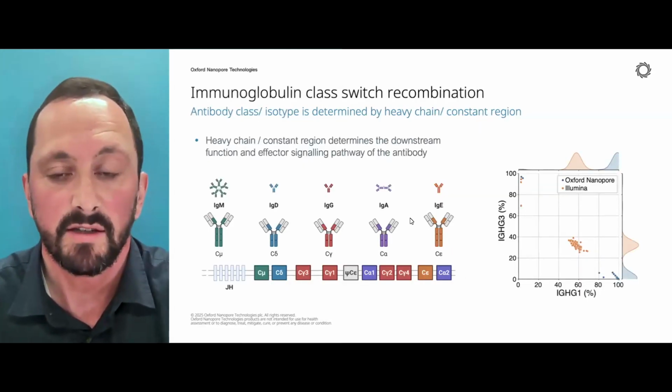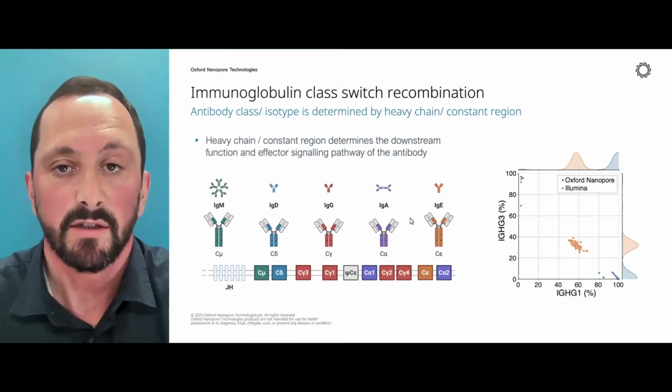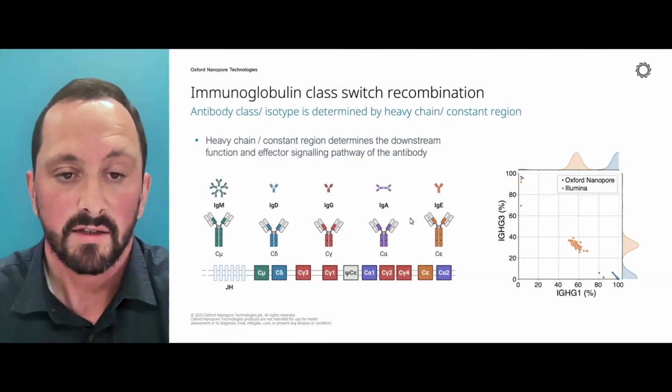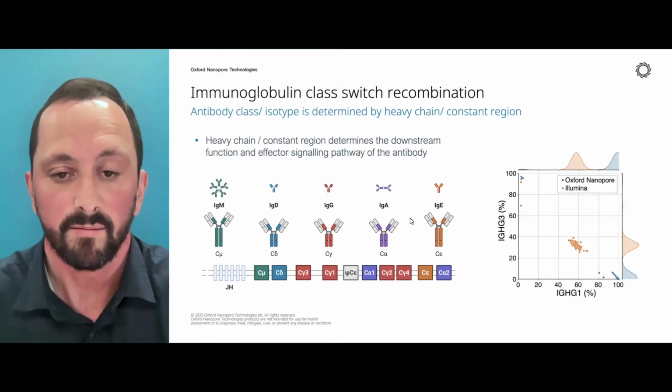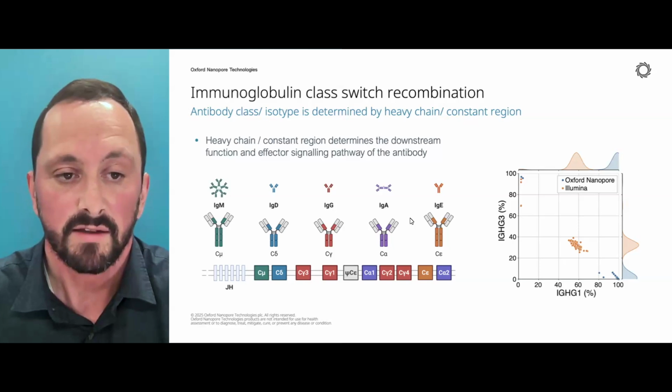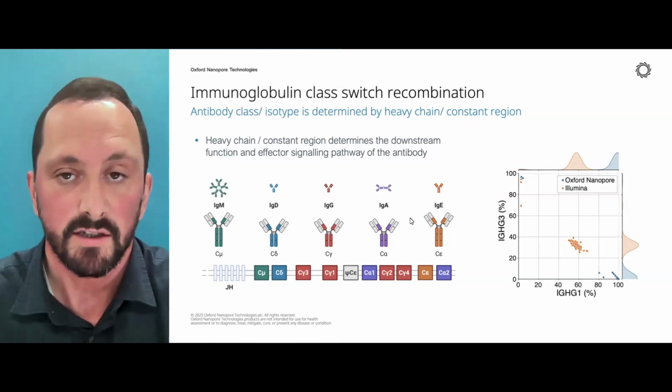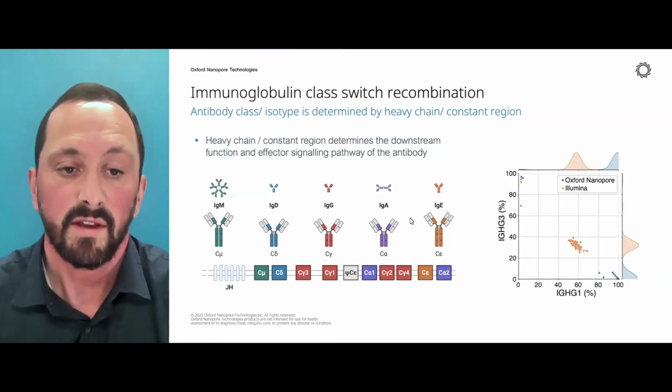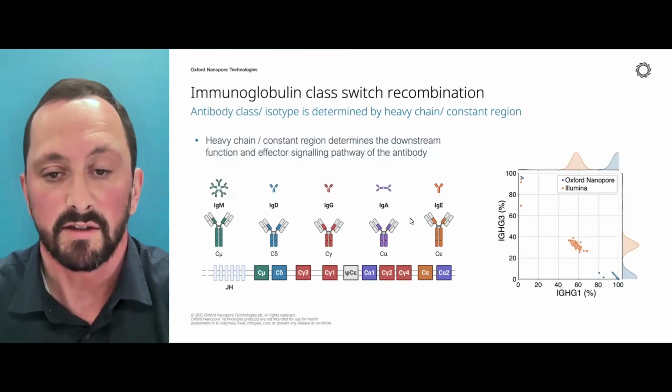Well, the full-length antibody sequences give you additional information, for example, about class switching. Antibodies can have different classes, different isotypes. These are IgM, IgG, IgA, for example. And then within the isotypes, there are actually subclasses of isotypes.